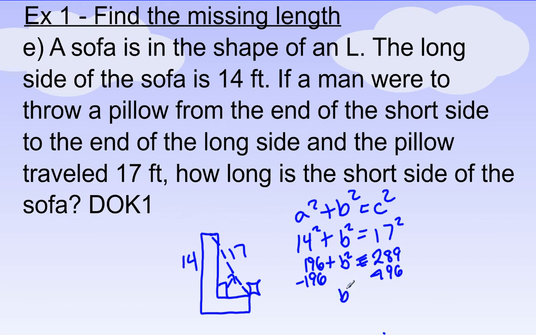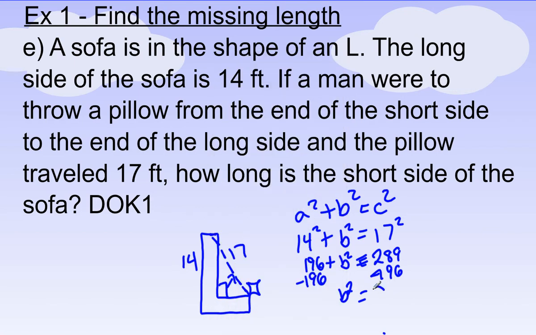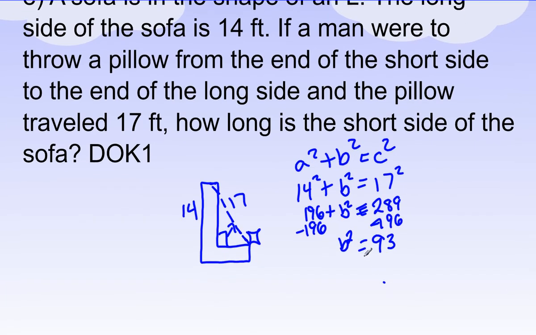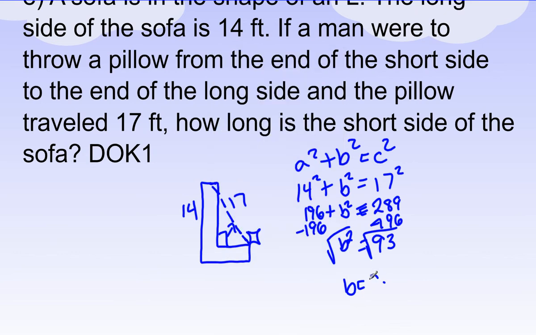That gives me b squared equals 289 minus 196, which is 93, and so my square root's going to be just above 9. Because I know my perfect squares, 81 and 100, and this is pretty close to 81. Actually, it's about halfway, like 9.5. The square root of 93 is 9.6.